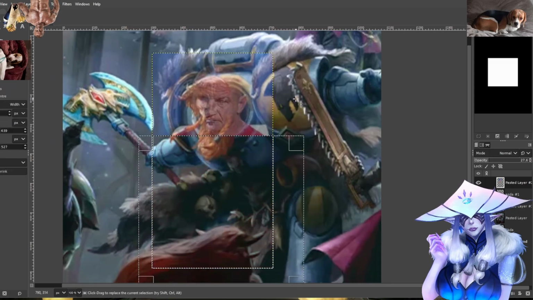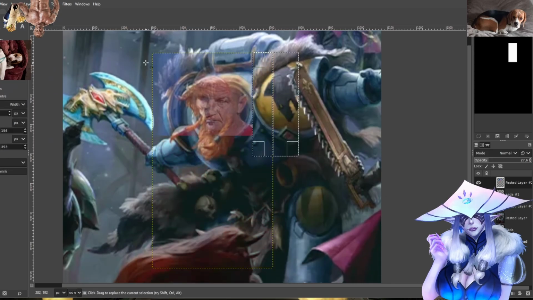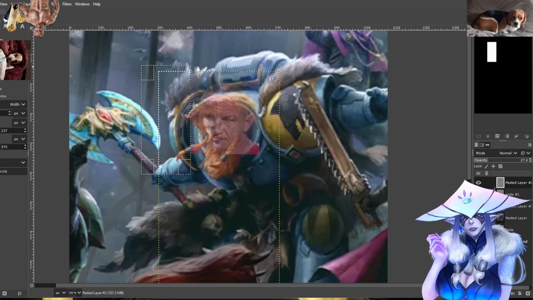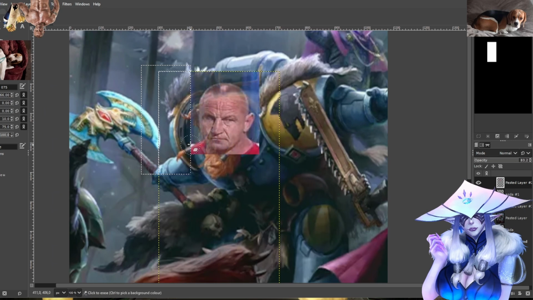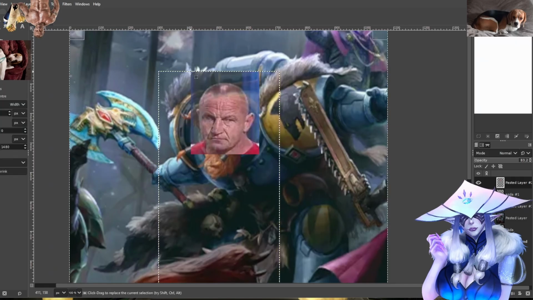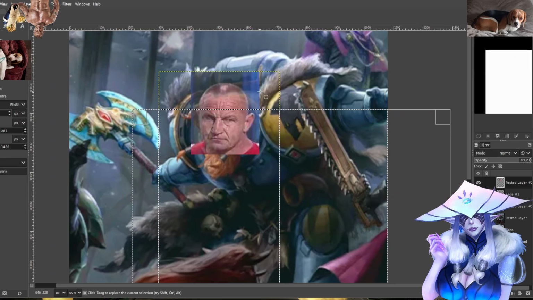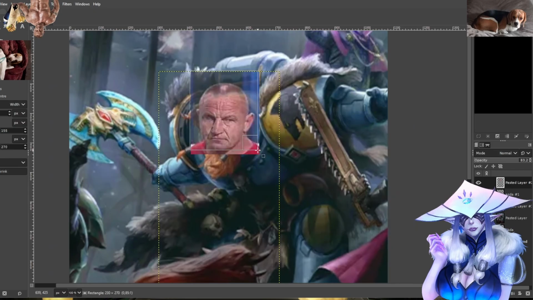We need to delete quite a bit of this. Okay, here we go. Now we take the erasing tool and we just... Did I mention I hate GIMP? GIMP is like the worst image editing software you can use. Don't use GIMP. Save yourself the trouble. GIMP fucking sucks.